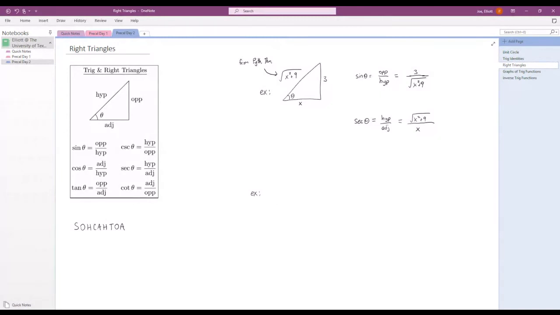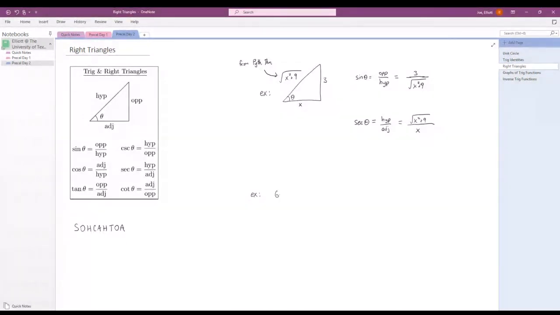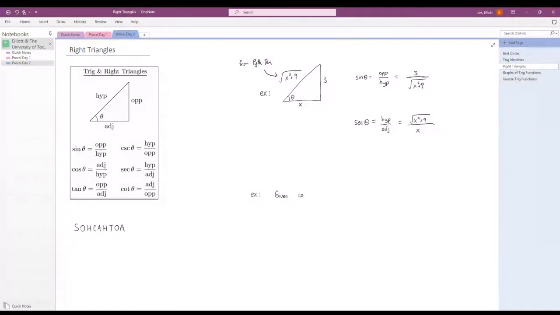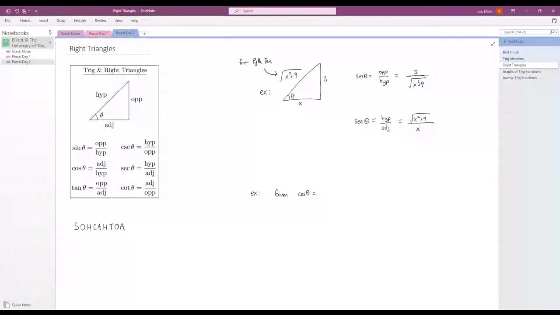Let's do one more small example, kind of similar. This time, let's say we're given that cosine of theta is x over 5.